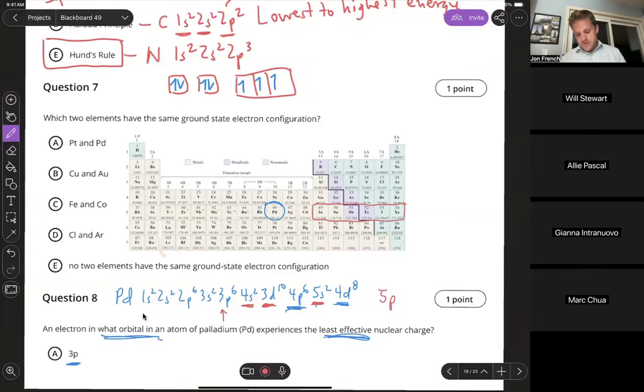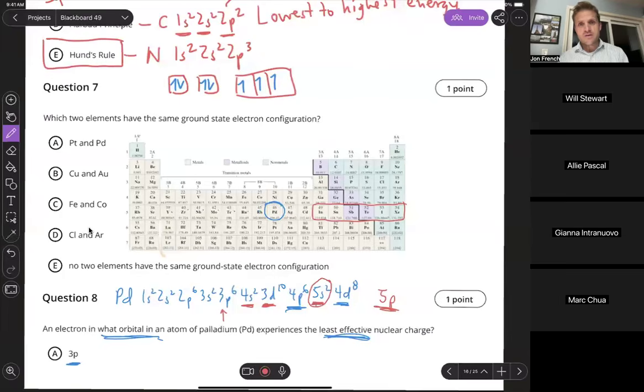So that leaves us with 5s as the occupied orbital furthest from the nucleus. 5p isn't a valid choice because there aren't any electrons there. All right, so that's the answer to that question.